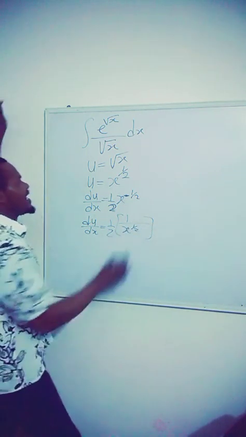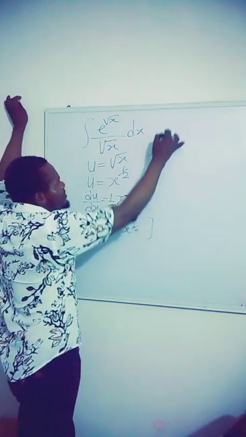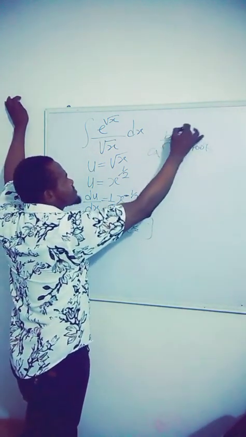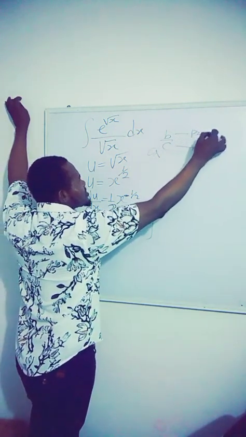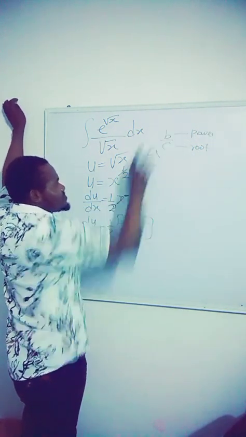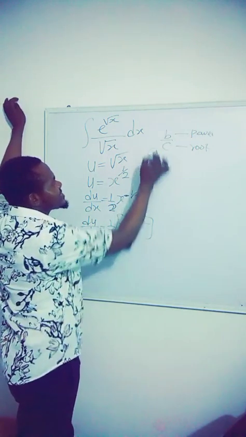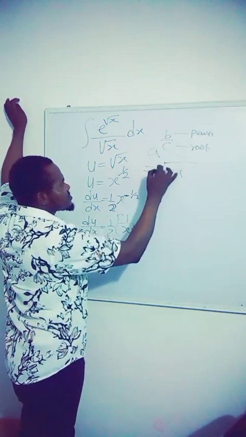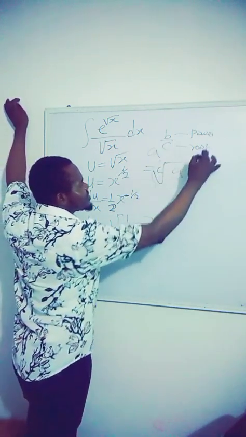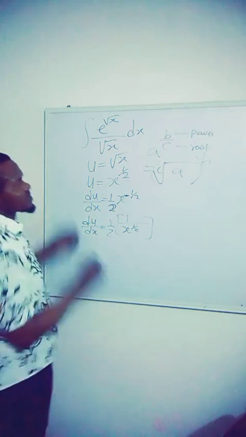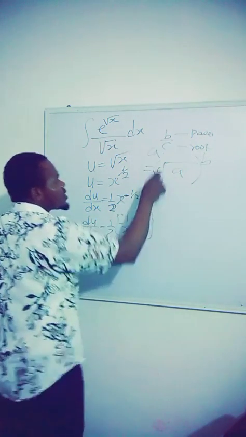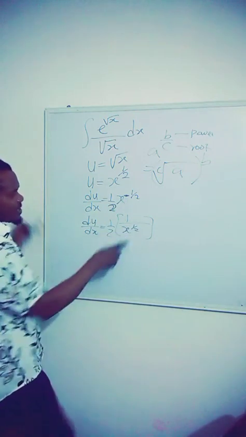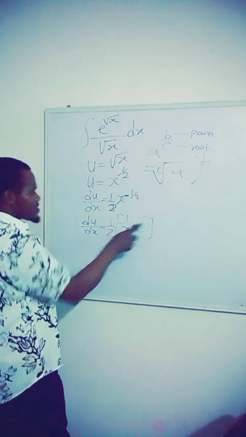I told you, whenever you have something a raised to power b over c, the denominator will become the root, while the numerator will become the power. This becomes root c of a, then all raised to power b. I'm going to apply the same thing here. 2 will become the root, 1 will become the power.